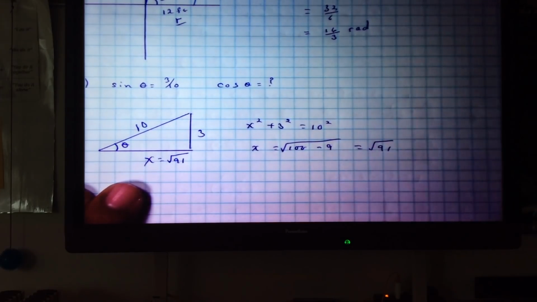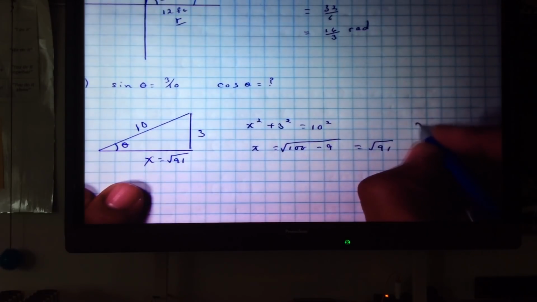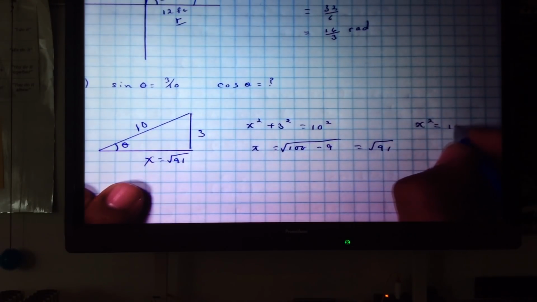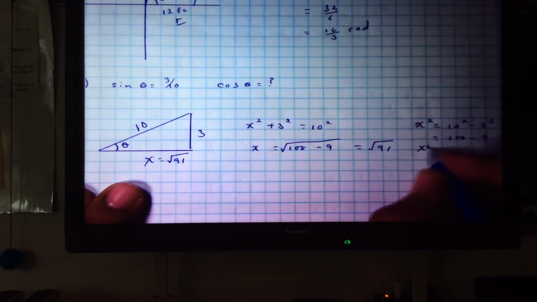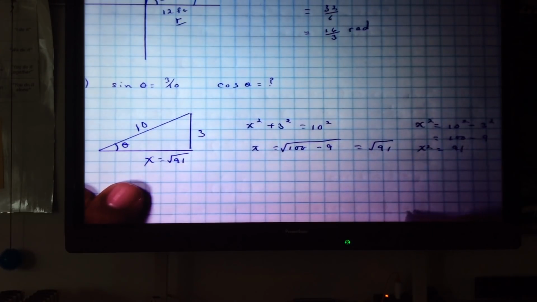This just means that x squared is equal to 10 squared minus 3 squared. So this is 100 minus 9, so x squared is equal to 91. Now take the square root of both sides, and x is equal to the principal root of 91. That's how we get the x.